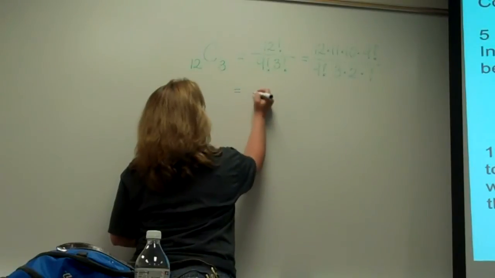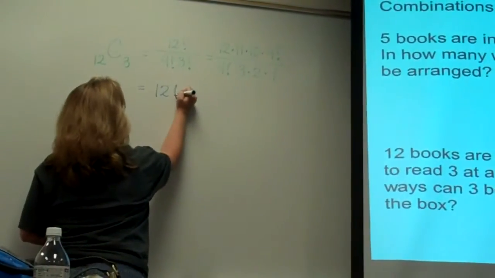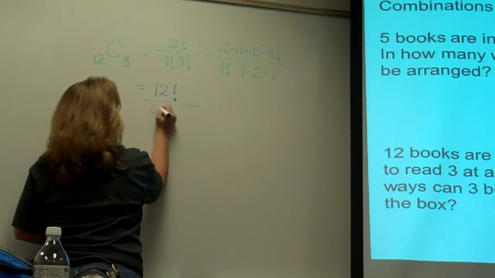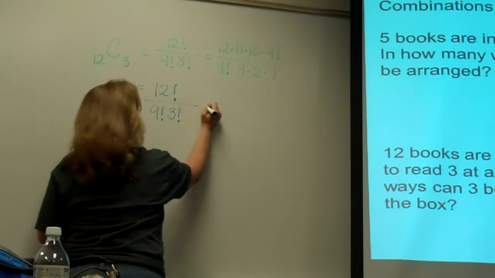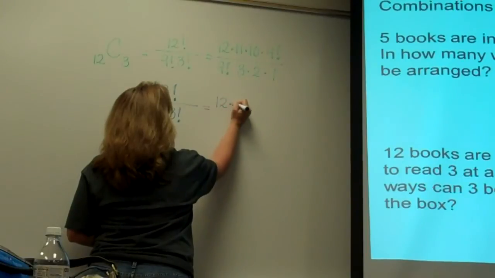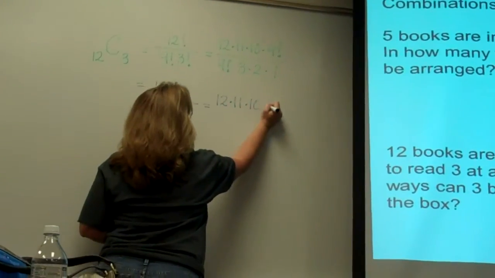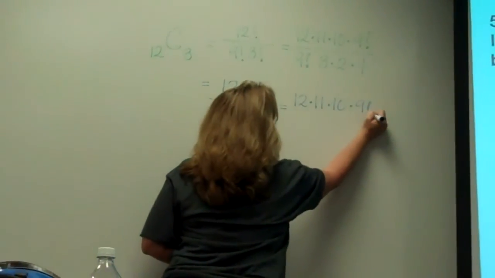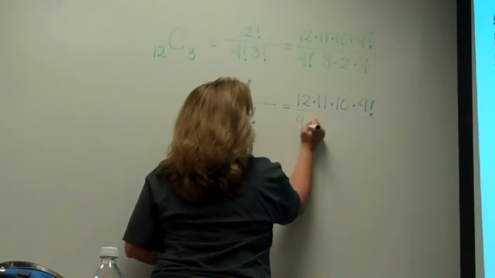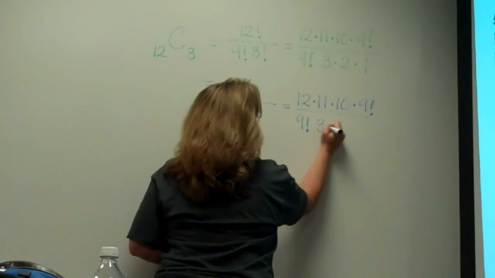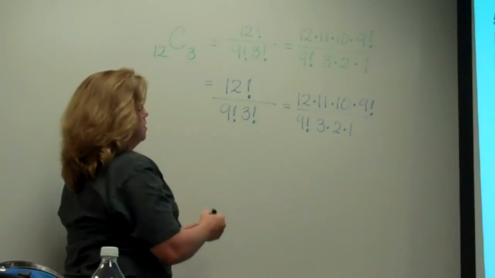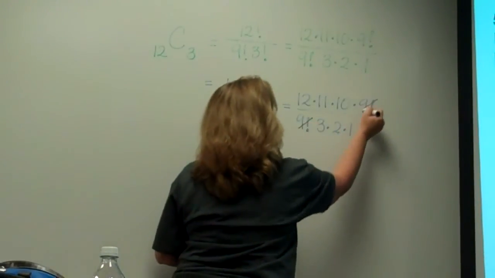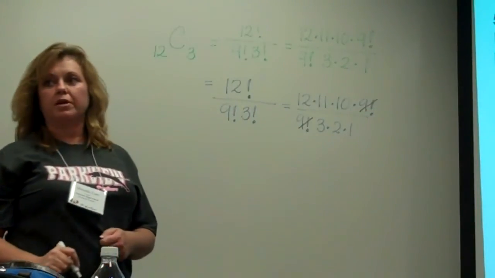This one doesn't look like it's much better. Can y'all see that a little bit better now? All right, so what I have up here is 12 times 11 times 10 times 9 factorial, and I stopped at 9 factorial because the 9 factorials can cancel. So even if you don't have a calculator, you could do this real quickly.